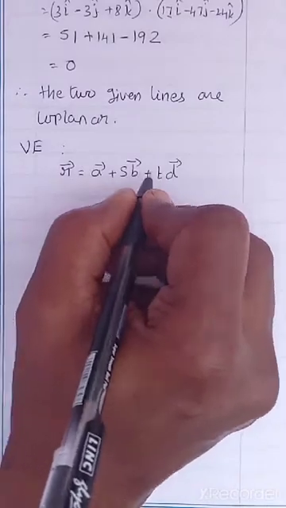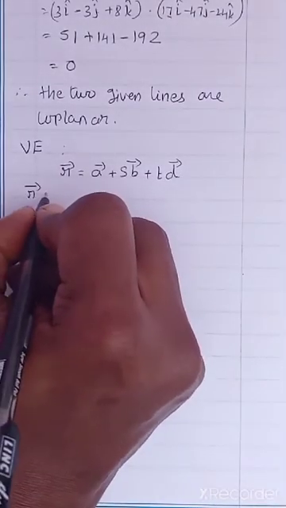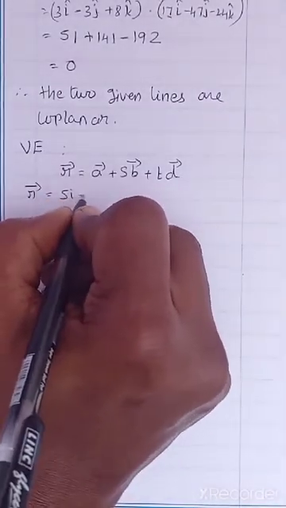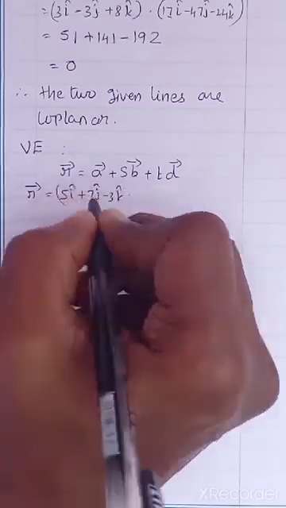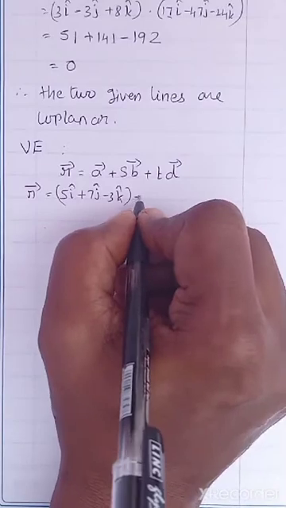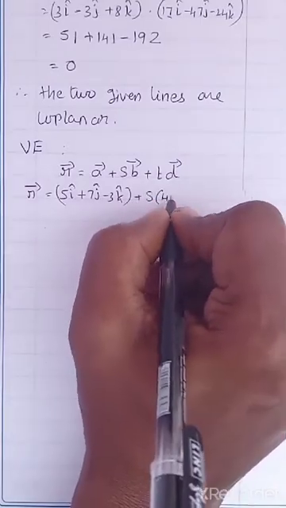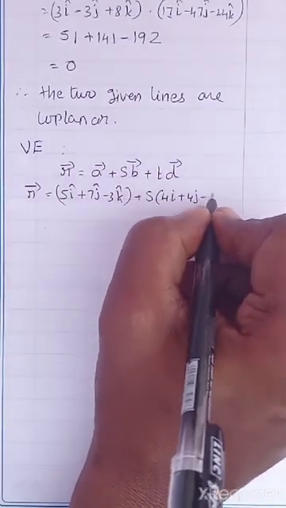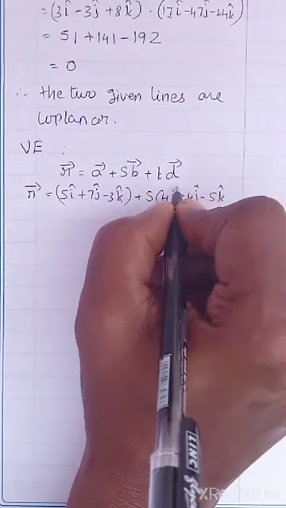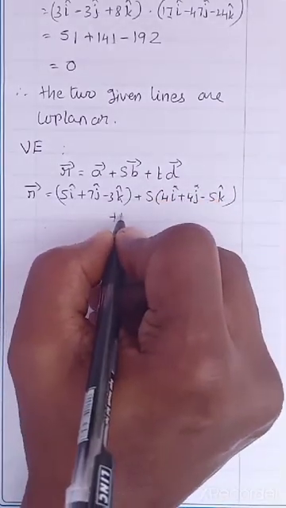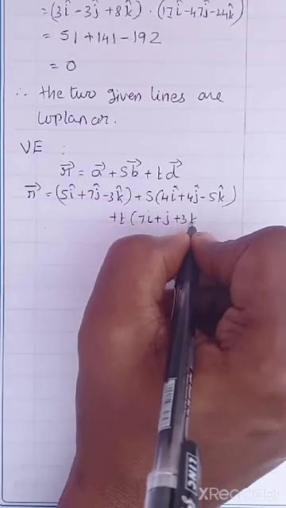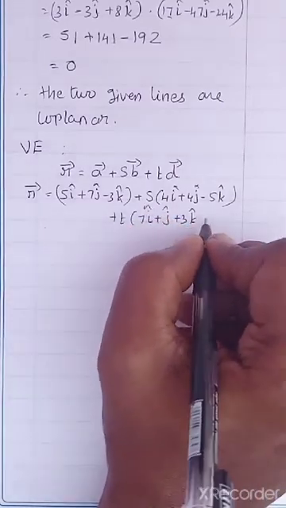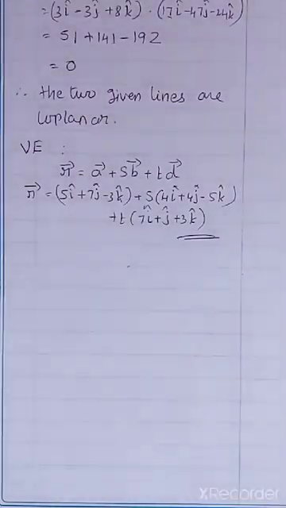Just substitute your A, B, D. R vector is 5i plus 7j minus 3k plus S of (4i plus 4j minus 5k) plus T of (7i plus j plus 3k) vector. That's all. This is your final answer.